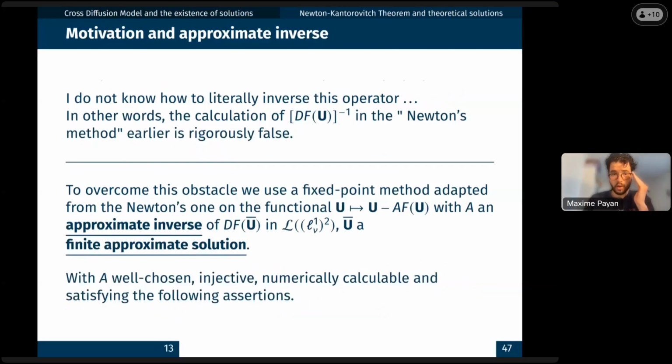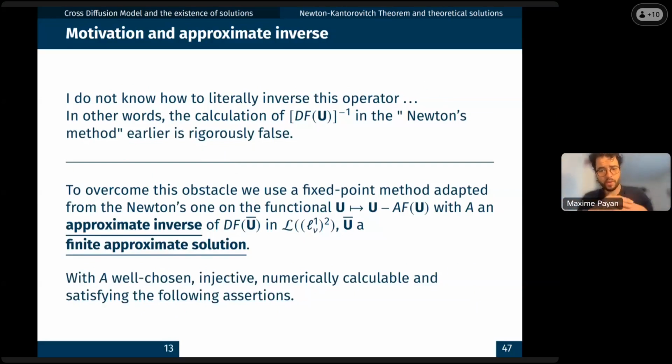We do not know how to literally invert the operator. If you have the Newton method in mind, there is the differential of f at a vector, inverse applied to f of u. And this inverse, we do not know in this infinite dimensional space. We don't know how to invert it. We don't know if it's invertible.